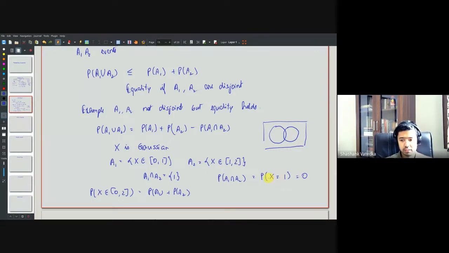Right? So in this case, the probability that a continuous random variable is equal to 1 is equal to 0. But the intersection is not empty. Any questions?